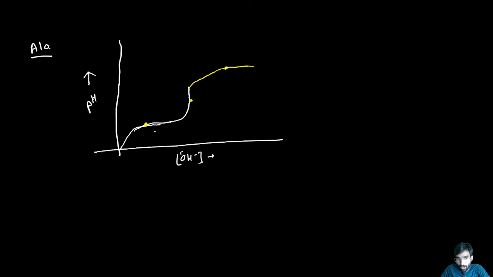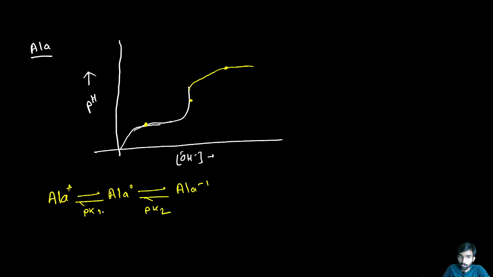Now what does this point signify? That point signifies what's happening: from alanine plus you are going to alanine 0, and from alanine 0 you are going to alanine minus 1. That means here this is pK1, this is pK2. At that situation the alanine plus equals alanine 0.